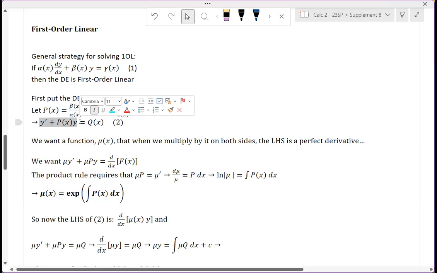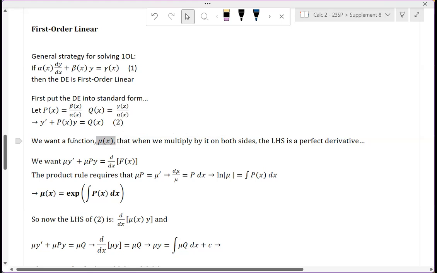We're going to try to find a function that we can multiply on both sides that will make this left-hand side a perfect derivative, so to speak, so that this left-hand side is what results from differentiating a function times y using the product rule.